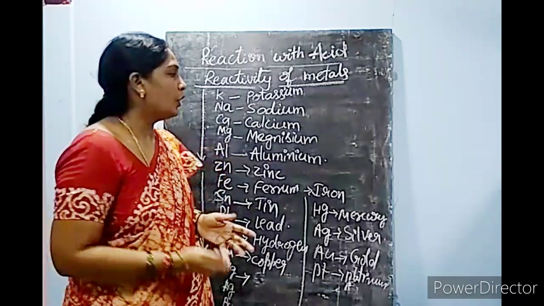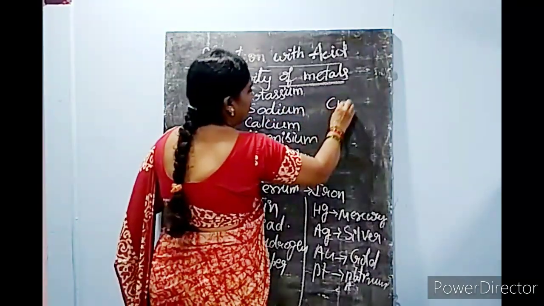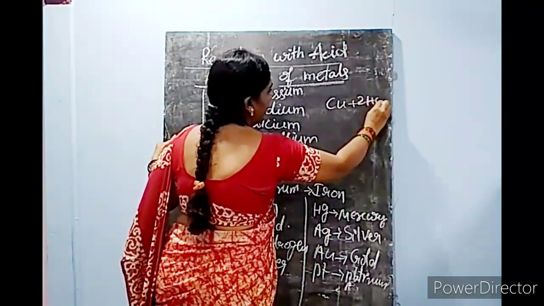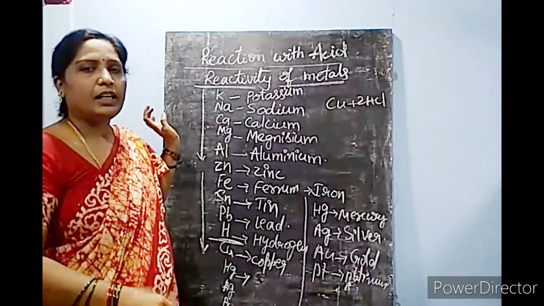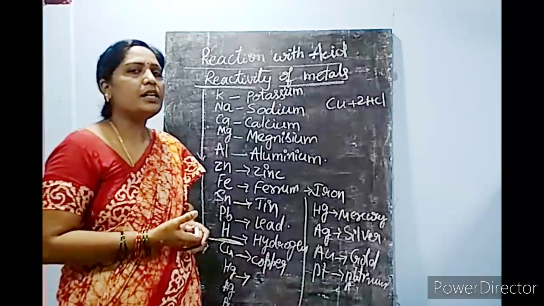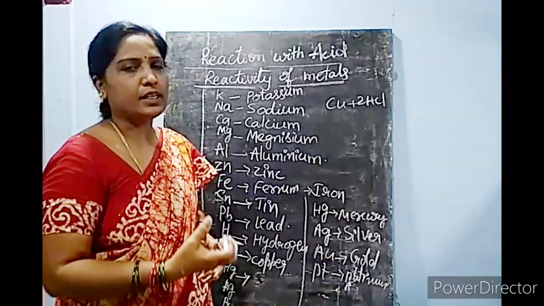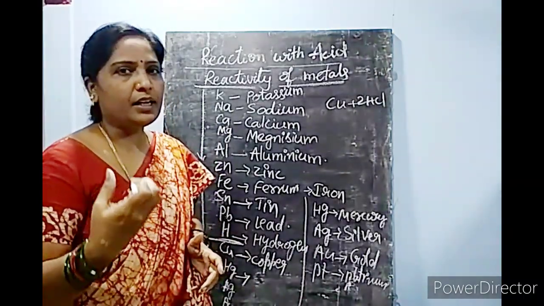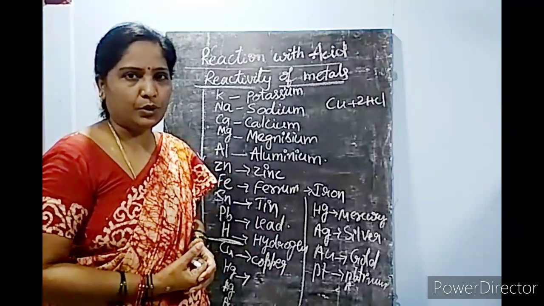Copper will not react so quickly with HCl like magnesium, aluminium and zinc granules are reacting.